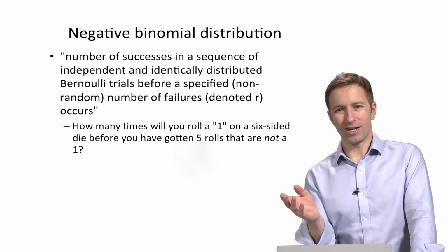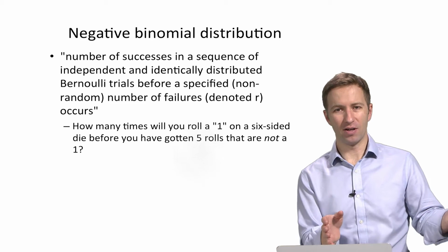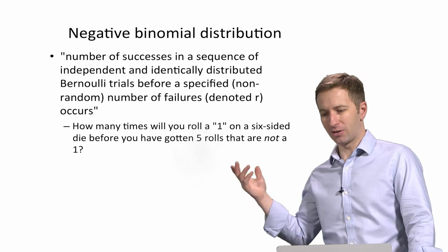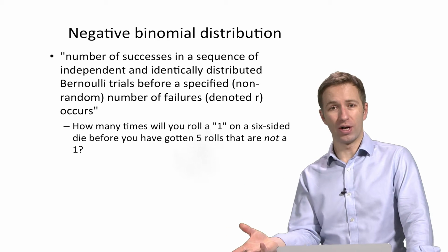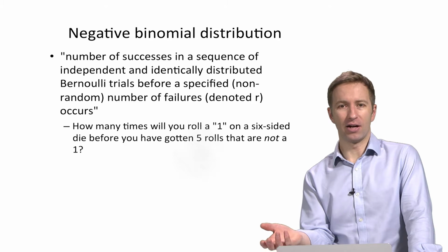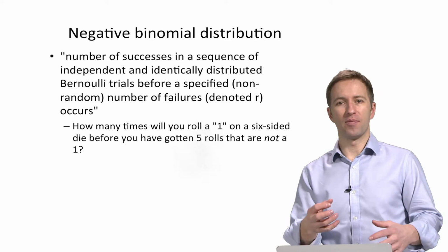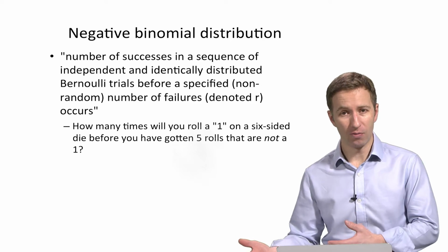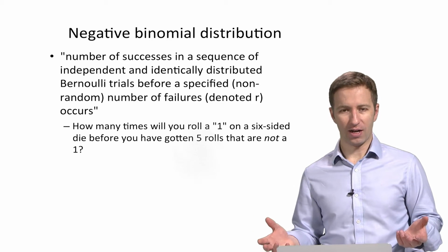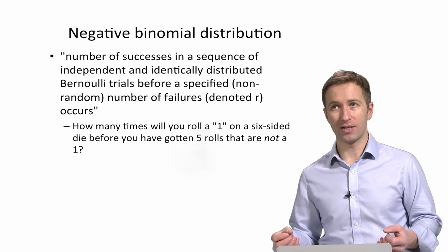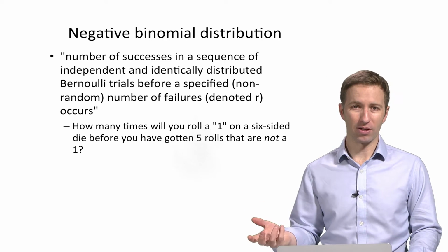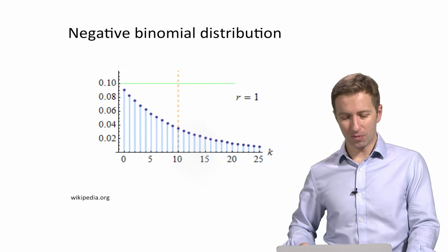It's the number of successes you'd have before you have a given number of failures. For example, if you're rolling a 6-sided die and you're trying to get a 1, how many 1s do you expect to get on average before you've seen a particular number of non-1s? Or, for example, 5, how many 1s will you get before you've seen 5 rolls that weren't a 1? That's how it can be explained.